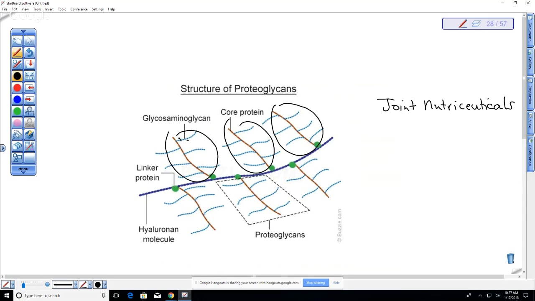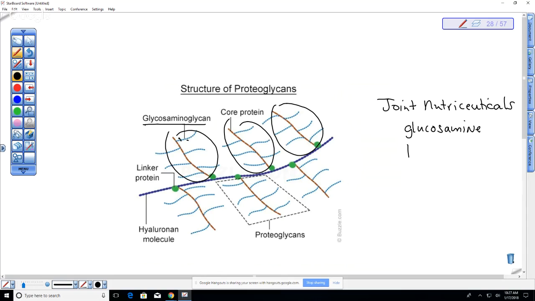And so you might, for example, see glycosaminoglycans or just glucosamine, right? So you might see that in the joint nutraceuticals.